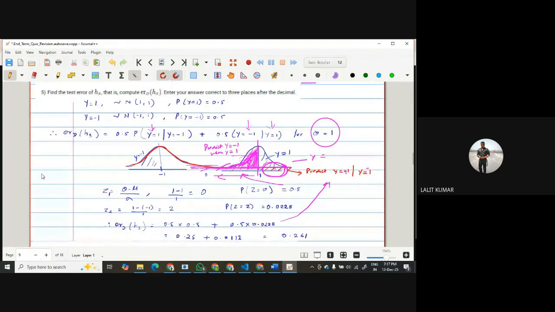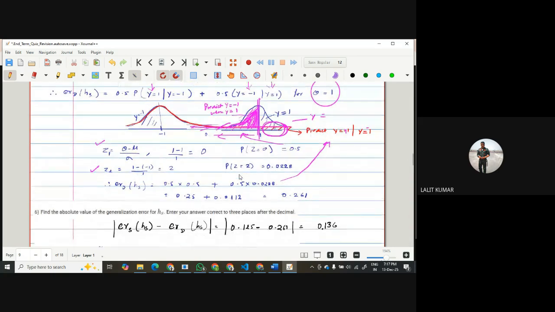Again, I calculated z values for both. For one, z came 0 because theta is 1. For the second, it was 2. Looking at the probability, for z is equal to 0 it is 0.5, and for z is equal to 2 it is 0.228, a very small value.